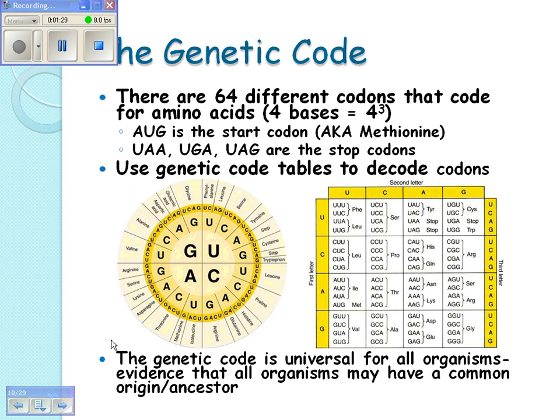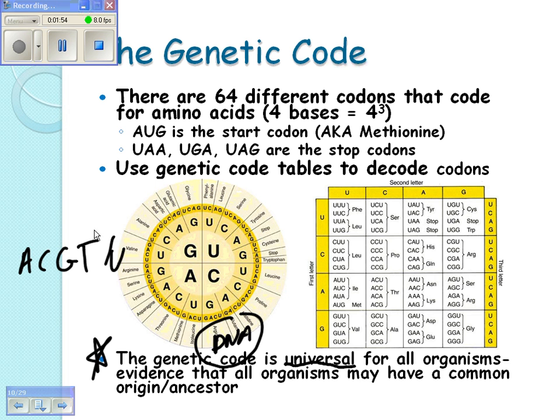Okay. This sentence right here, super important. The genetic code, aka DNA, is universal for all organisms, meaning every organism that exists has DNA, and it's the same kind of DNA, meaning it's made up of A, C, G, and T, or U when we get into RNA.